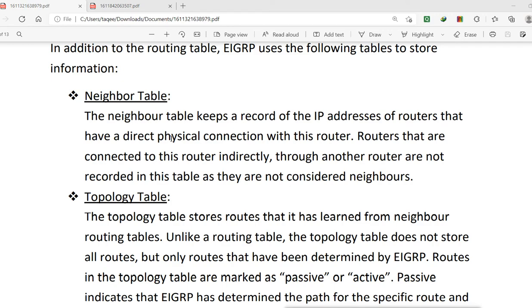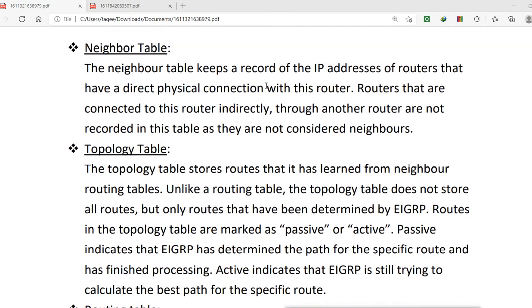So very simple, the routers which are directly connected to our router will be considered neighbors, and they create the neighbor relationship, but only with some criteria, and then it creates the neighbor table in this router, and in the neighbor table it keeps the information about the neighbors.